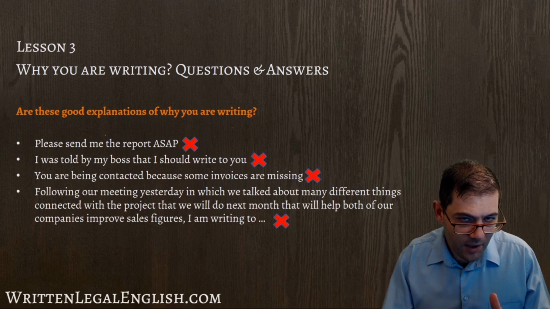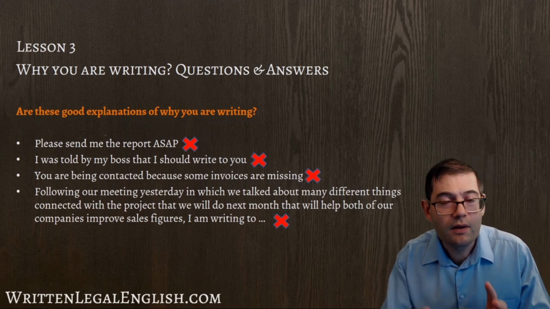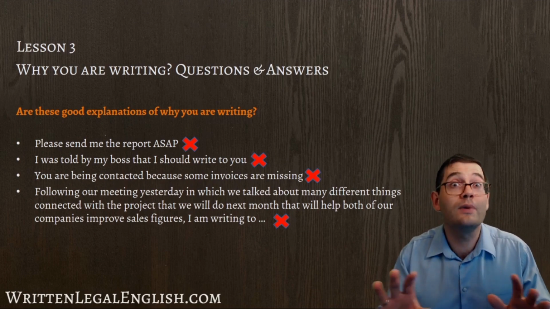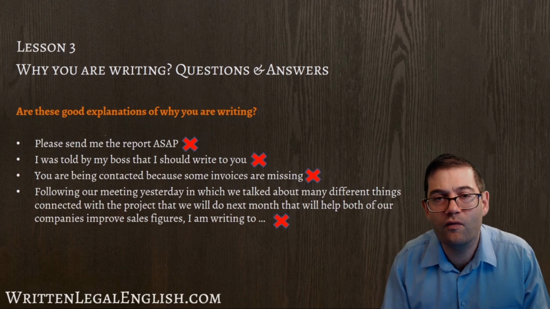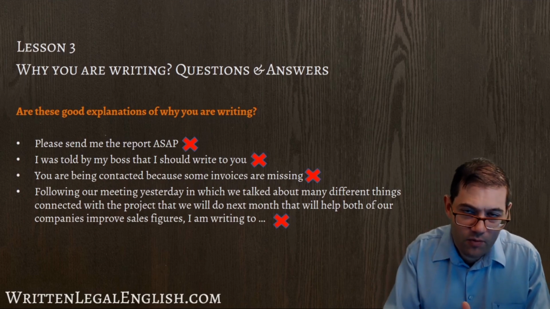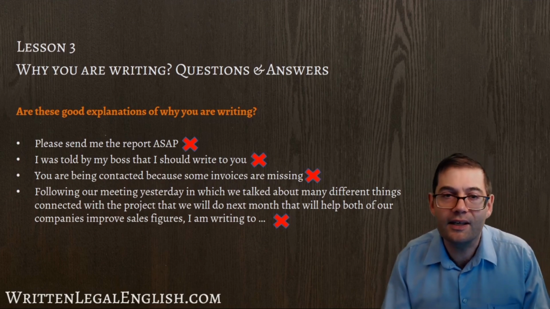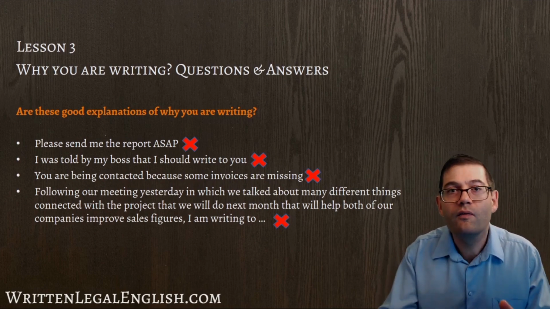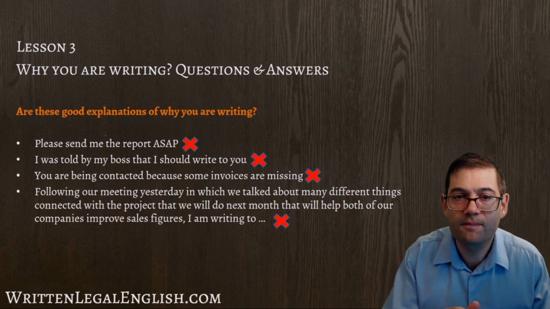Sometimes, for example at the beginning of your careers, young professionals always do this. They try to include far too much information. Keep it simple, keep it straight to the point, explain why you are writing. Leave the background for the part about information if it is important.